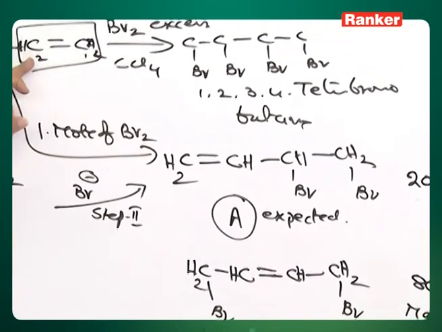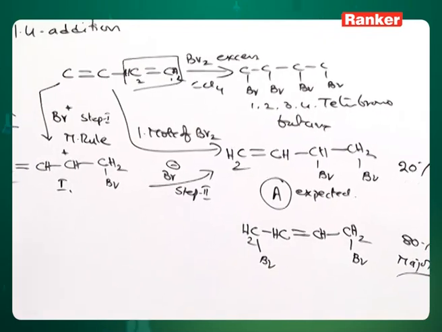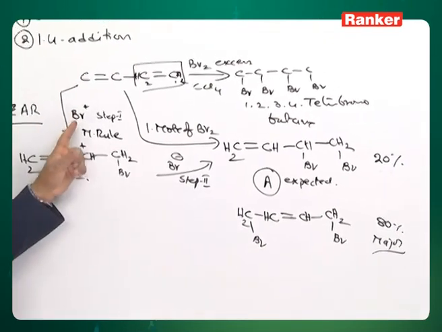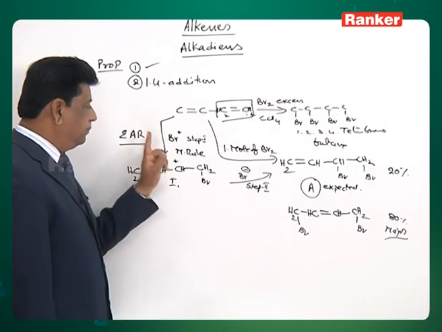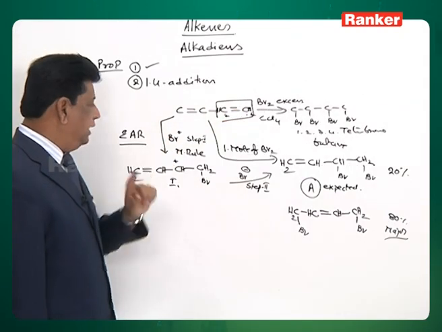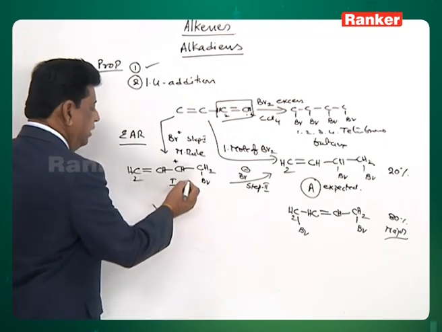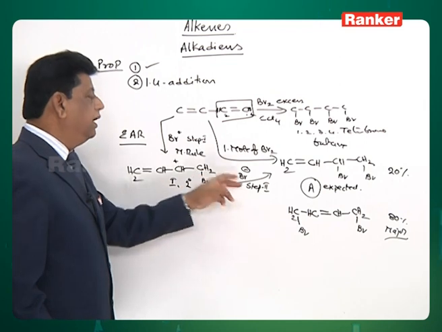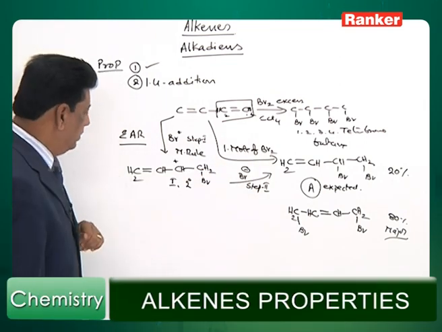Even if you add Br here, or the second one, you will get the same. But according to the procedure the electrophile will attack. Br plus will attack, that goes to the terminal carbon making the 2 degree carbocation, and on which Br minus adds. So, therefore, this answer A, the expected answer, is over.